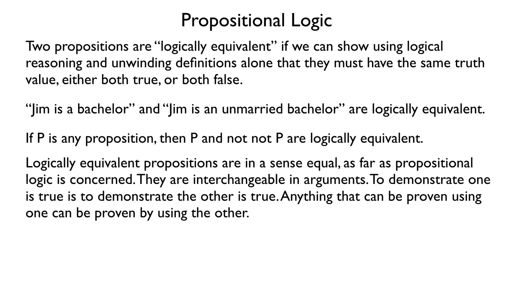These two propositions either have to both be true together or both be false together. If P is any proposition, then P and not not P are logically equivalent. For example, if P is true, then not not P is true, and if P is false, then not not P is false.